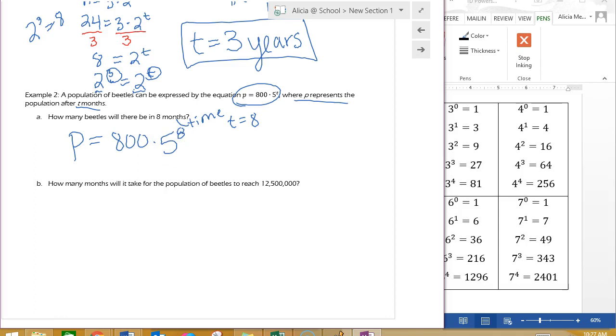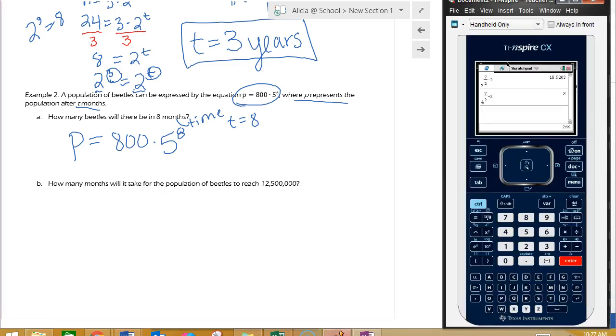Now, we have our calculators. So that's all we have to substitute into our calculator here. We have 800 times 5. Remember, we have to raise that 5 to the exponent, right? 5 raised to the 8th power.